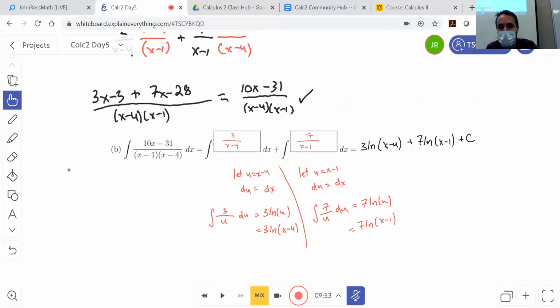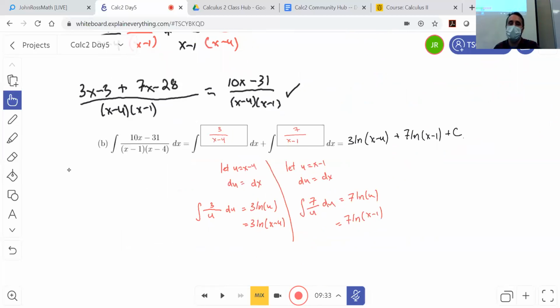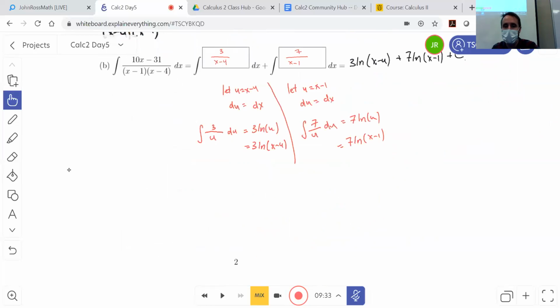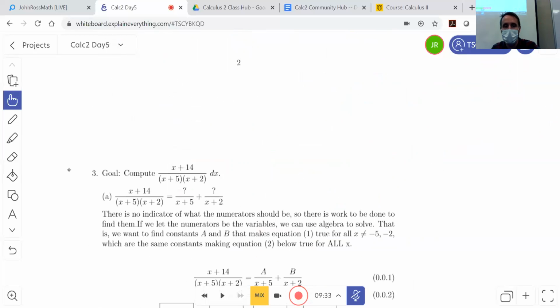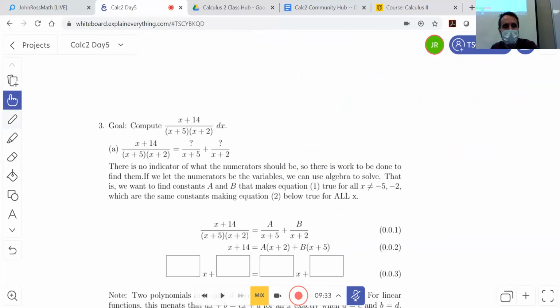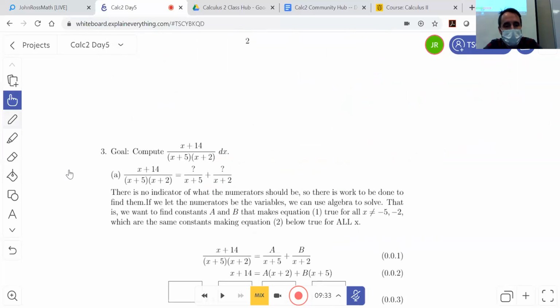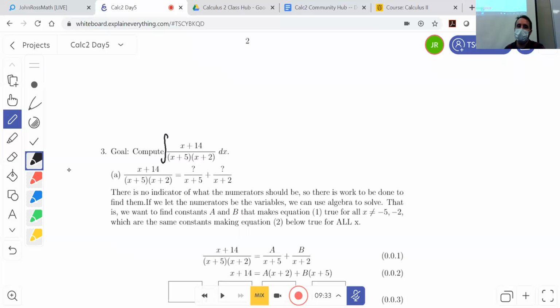And that's all well and good, but the biggest question is, suppose we're given an expression like this, right? This just says compute this. I think we really want to say compute the antiderivative of x plus 14 over x plus 5 times x plus 2.